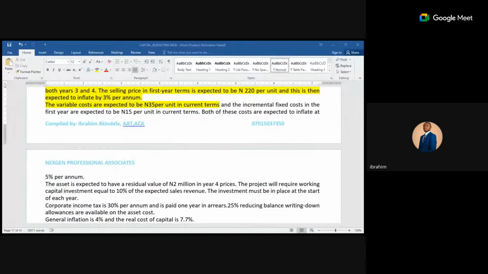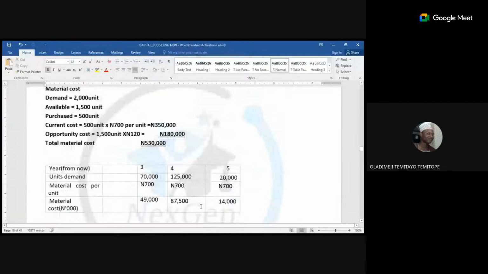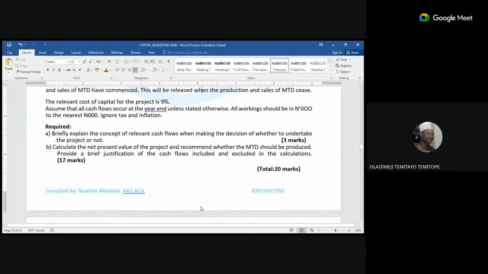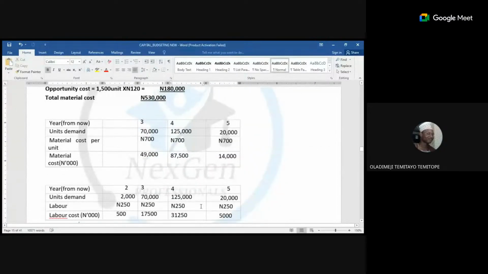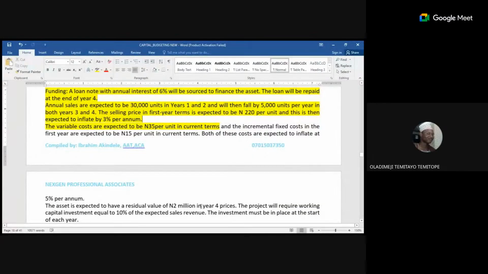Yes, sir. That takes us to the initial discussion about current terms. In current terms, we are not giving the quantity, but we are giving year one. So I said that thing will start from year one, then year two we increase it.